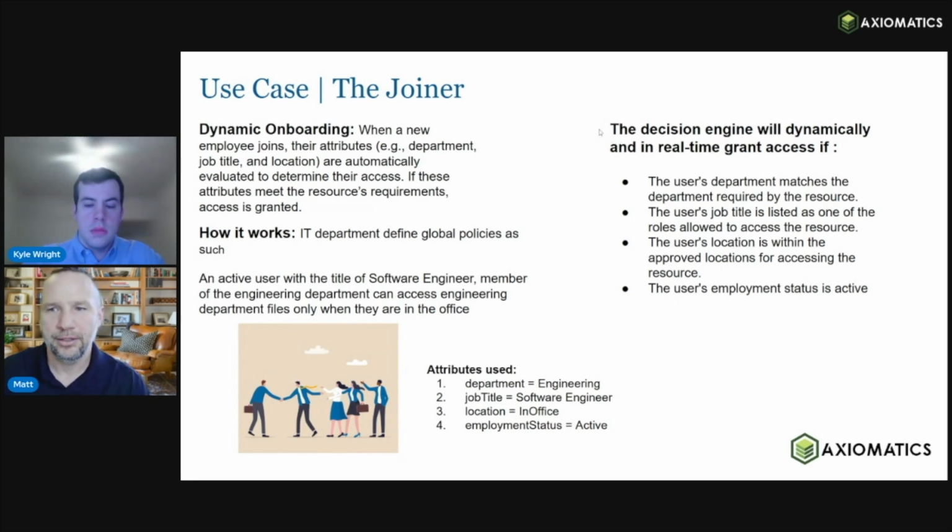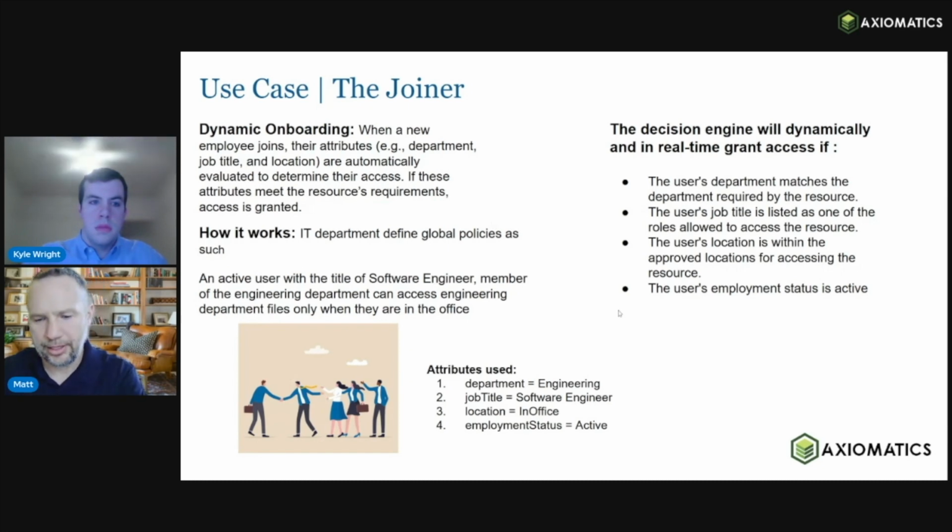In this case, we already have rules or policies based on our existing users that say if the user's department matches the department required for the resource, they'll have access. If your job title is listed as one of the roles allowed to access the resource, again, you'll be granted access, and so on.